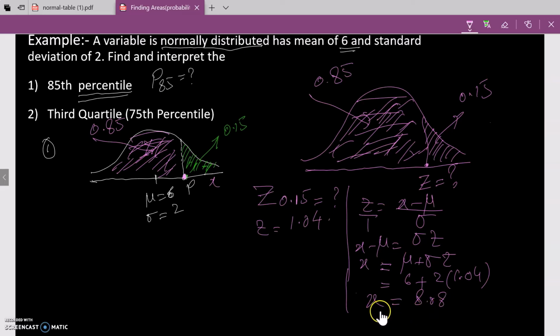What does this value mean? It means 85% of the values are at or below 8.08, and 15% of the values are above 8.08 in this particular situation. That's what the interpretation is all about. So 15% of the values are above this value, 8.08, and 85% of the values are at or below this value.